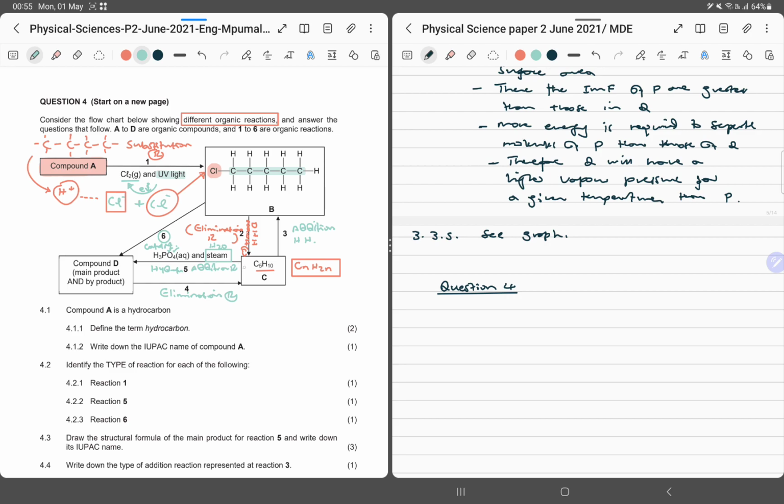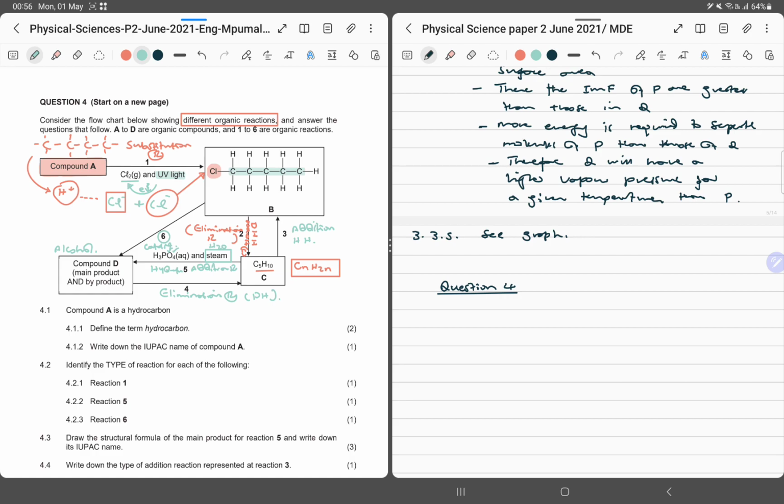So if we're adding water, remember, this will impart the OH group. So this becomes an alcohol. Now we understand what that is. And if it is an alcohol and we're going to an alkene, it means we're doing a dehydration reaction. So this is a dehydration reaction.